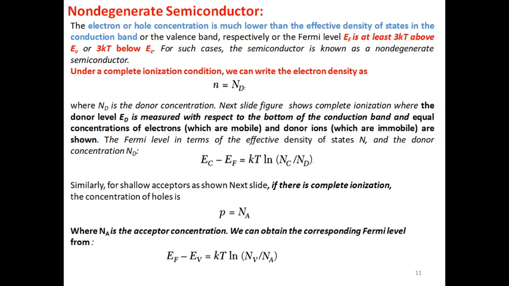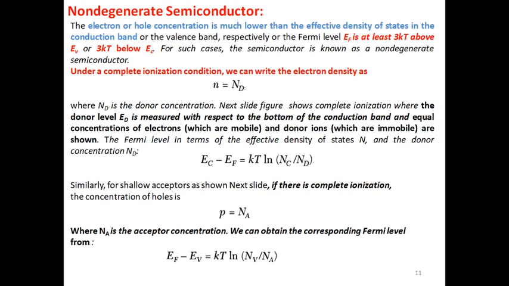In terms of that, if you take n or p, or the effective density of states Nc and Nv respectively, or the Fermi level EF, which is at least 3 kT, where kT at room temperature is 0.0259 electron volt, above the EV, the valence band edge, or 3 kT below the EC, the conduction band edge, then we call it a non-degenerate semiconductor.